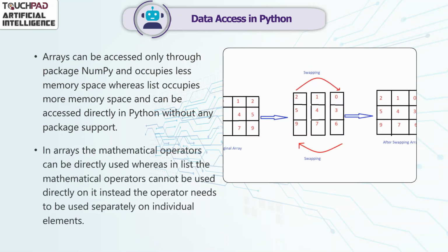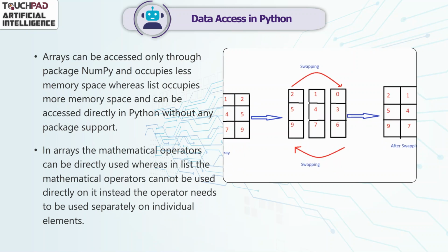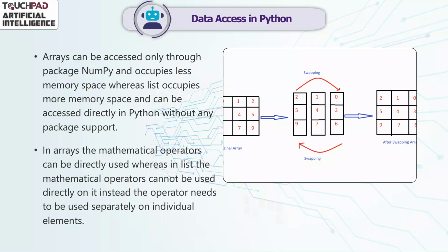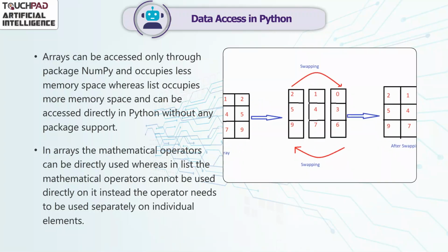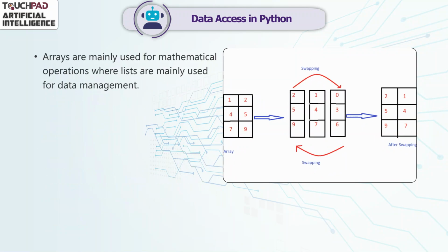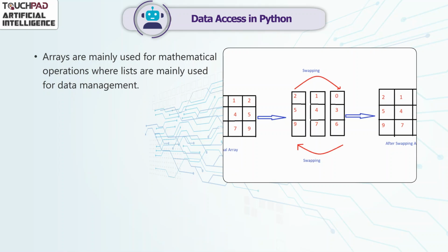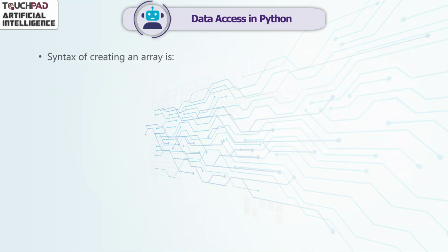In arrays, the mathematical operators can be directly used, whereas in lists, the mathematical operators cannot be used directly. Instead, the operator needs to be used separately on individual elements. Arrays are mainly used for mathematical operations, whereas lists are mainly used for data management.